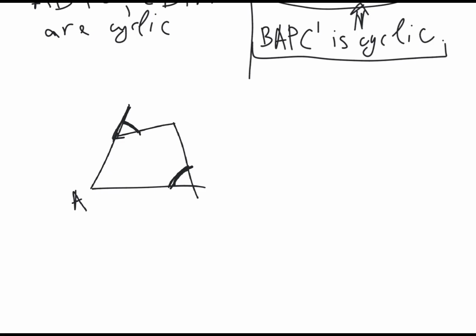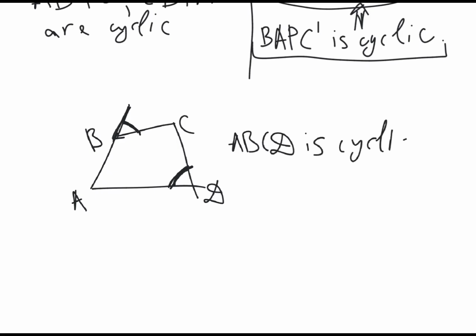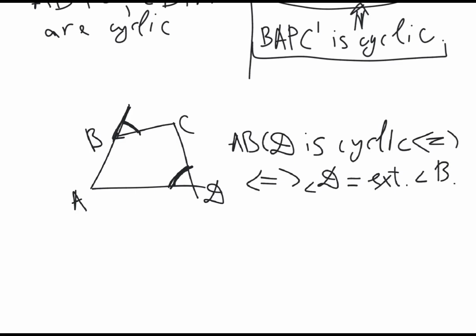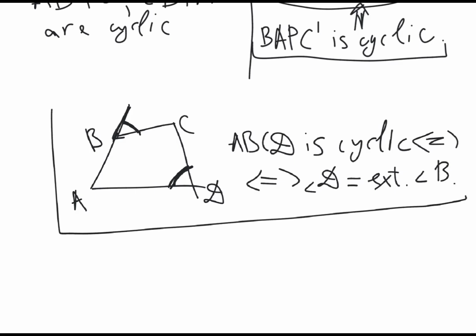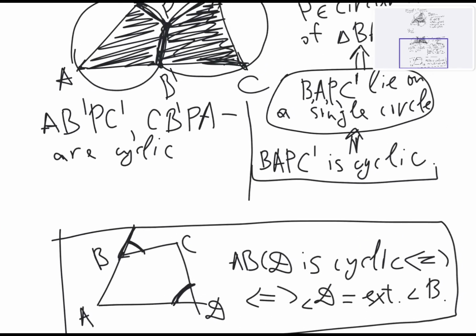If you write this is A, B, C, D, so A, B, C, D is cyclic if and only if the angle D is equal to the external angle B. Yeah, so this is the criterion of a cyclic quadrilateral, and we are going to use it here.